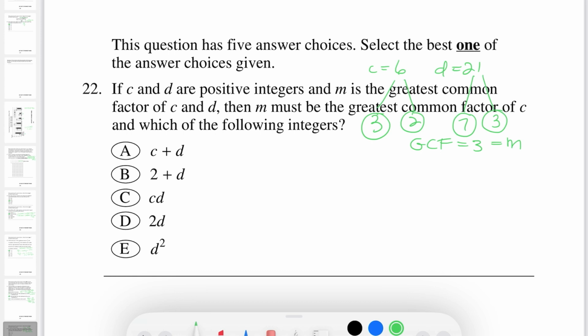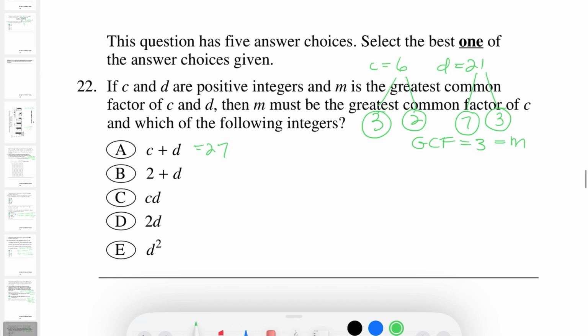So C plus D is 27, and the greatest common factor of 6 and 27, let's see what that is. We know 6 is 3 and 2. The prime factorization of 27 is 9 times 3.